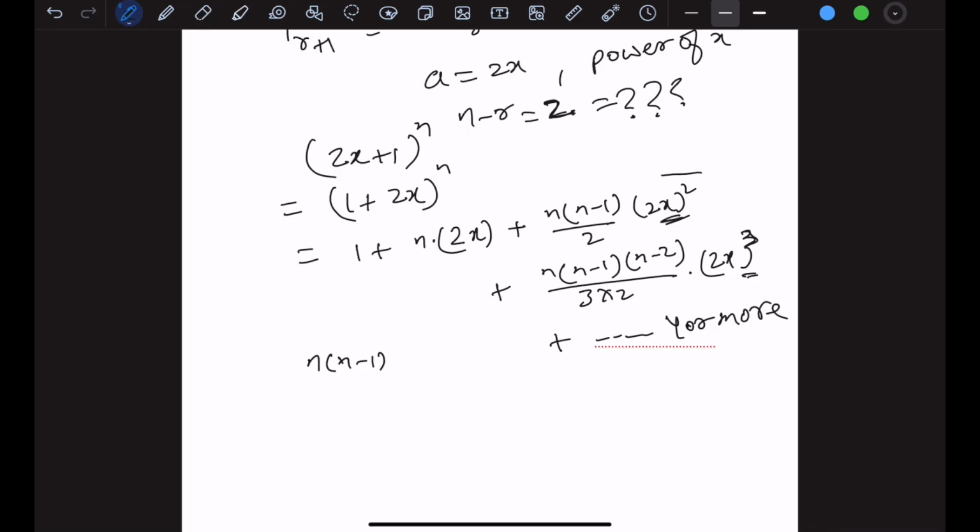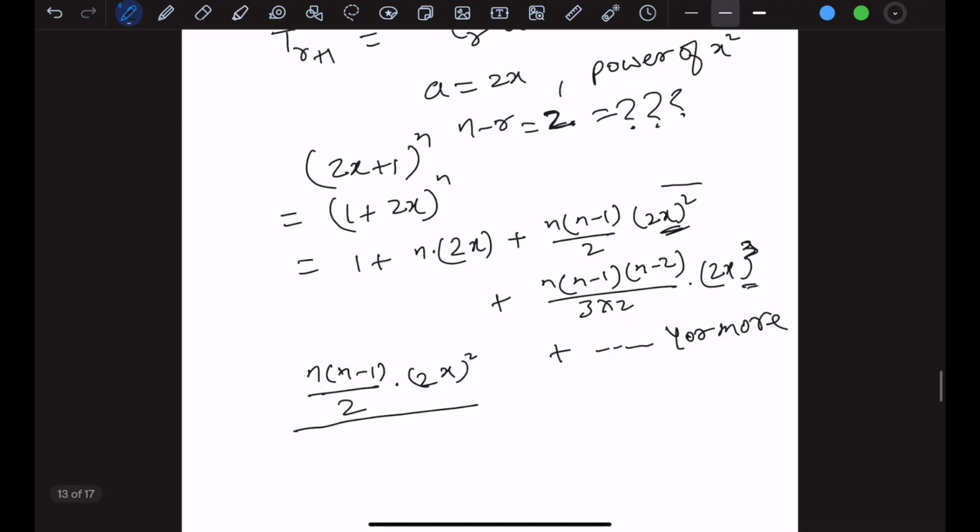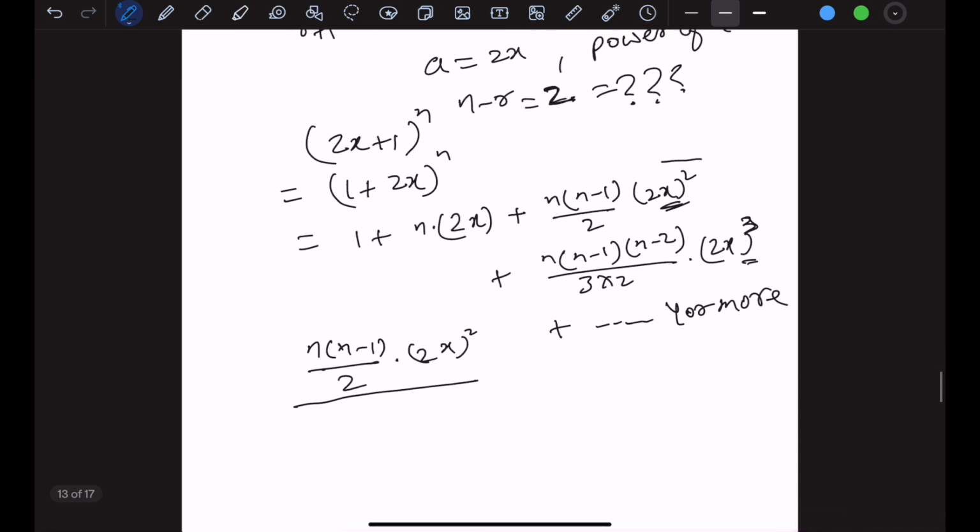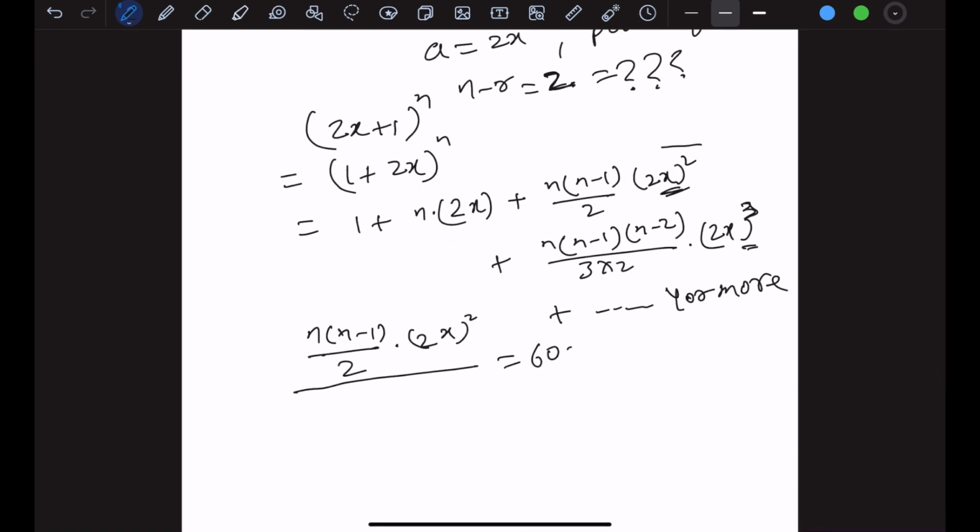Yeah, so we had n into (n minus 1) by 2 into 2x square. And the coefficient is given to be 60. So basically this is 60, I put x square. So now we have n into (n minus 1) by 2.